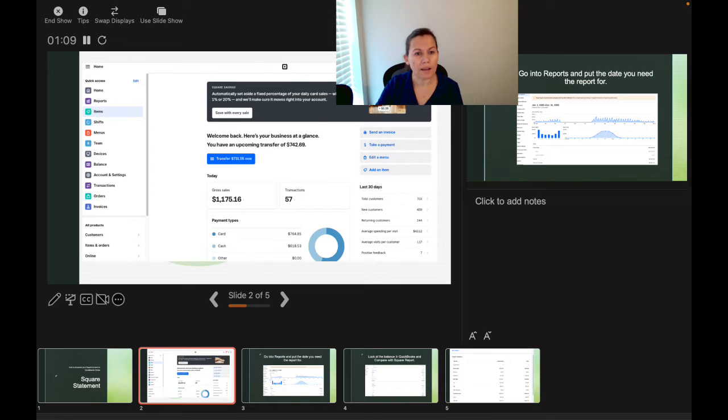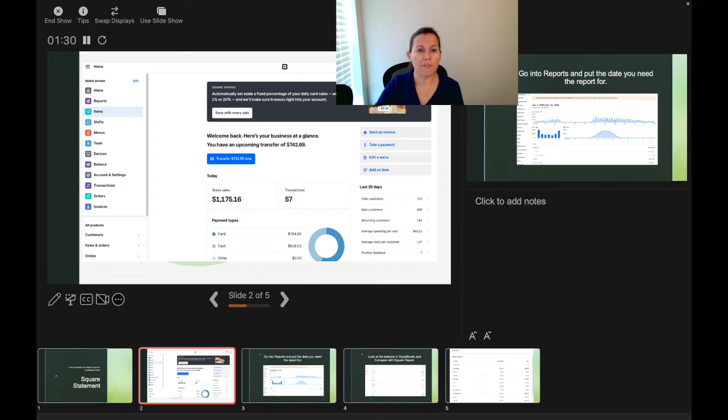So next, if for some reason the integration is working good, not perfect, and then you need to look into a specific transaction. How do you do that? So just to find out the details on the transaction, so you can recreate in QuickBooks.